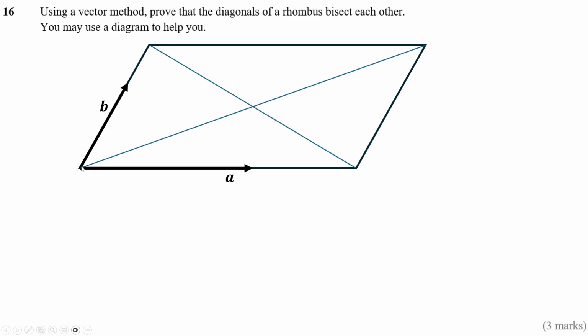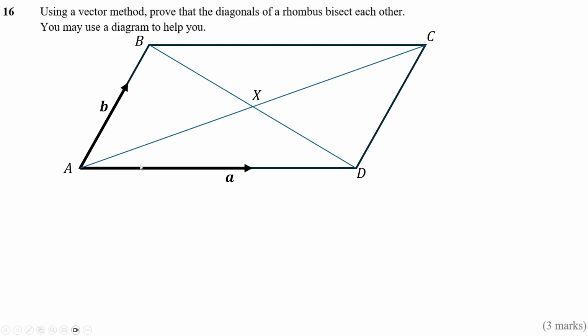We want to prove that this is half of the full distance, or any one for the other sides. Let's label it A, B, C, D, and then we'll call the middle X. It doesn't matter what you call it, just as long as you're referencing them correctly.